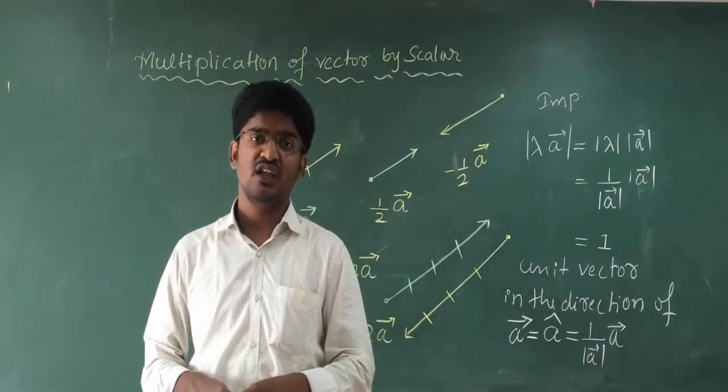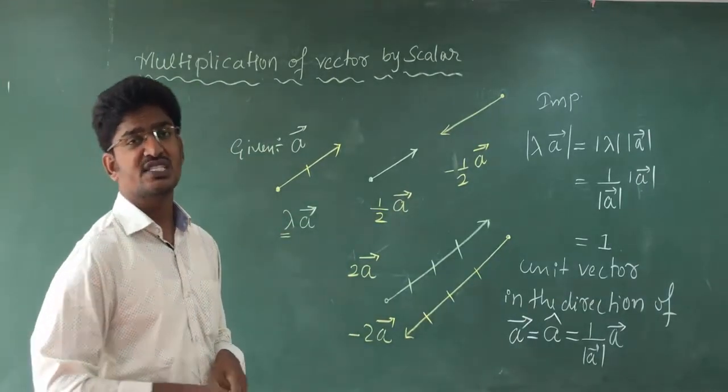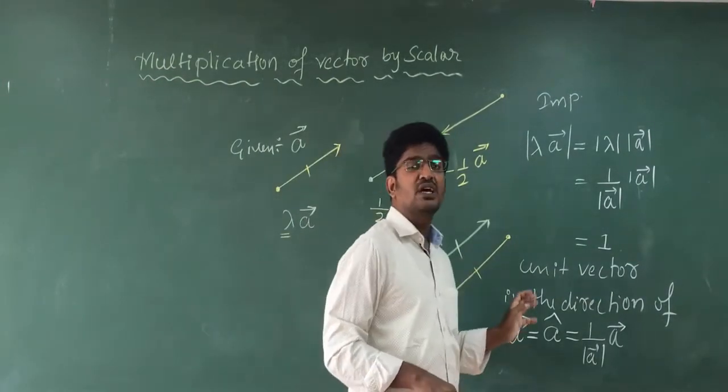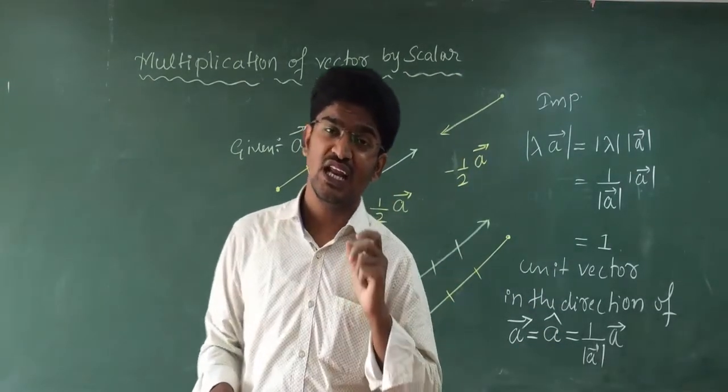So remember the formula of the unit vector: A cap is equal to 1 by mod of vector A multiplied with vector A.